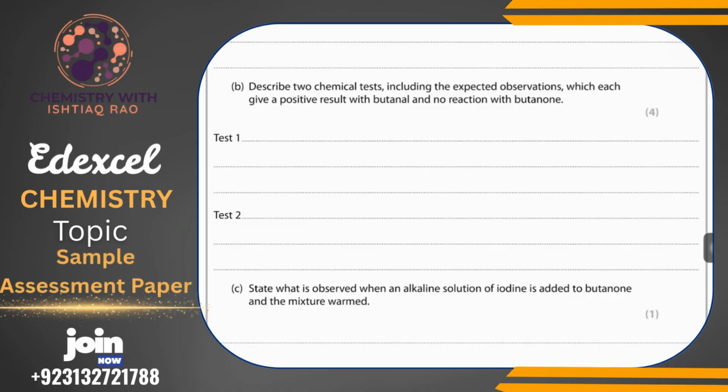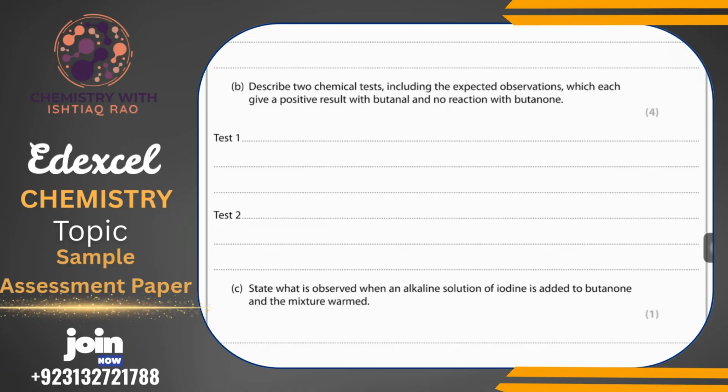So in describe two chemical tests, in test one I can write that I can use Tollens reagent, and in the presence of Tollens reagent there would be the formation of silver mirror. So that means aldehyde is confirmed because Tollens reagent is an oxidizing agent. It can oxidize only aldehyde.